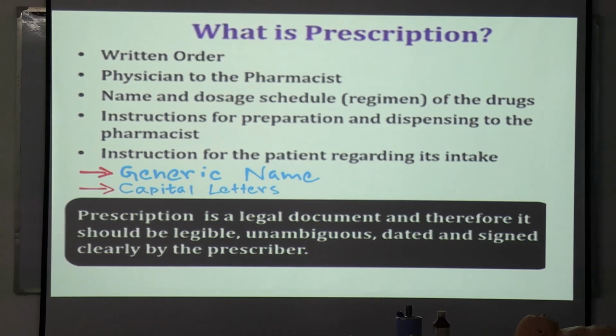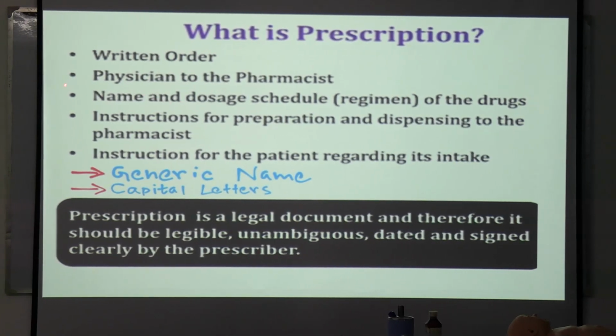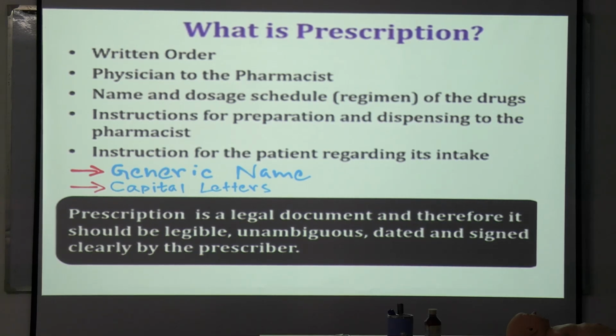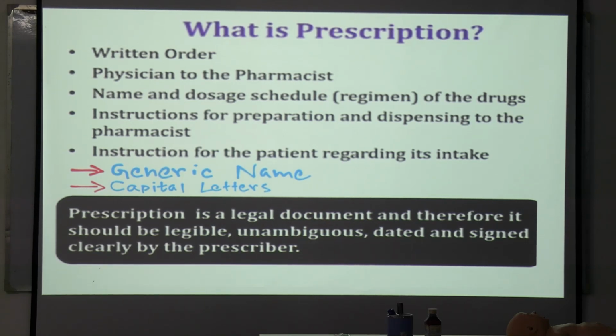So you are writing the name of the drug. You are writing the regimen, that is 1 tablet twice daily for 7 days, the entire regimen of treatment. And you are also writing the dosage schedule, twice daily. You will even be writing the dosage form, tablet. So all this information is present in the prescription.